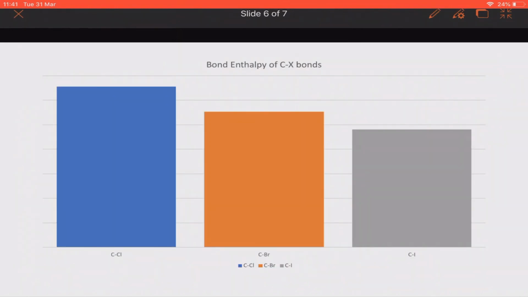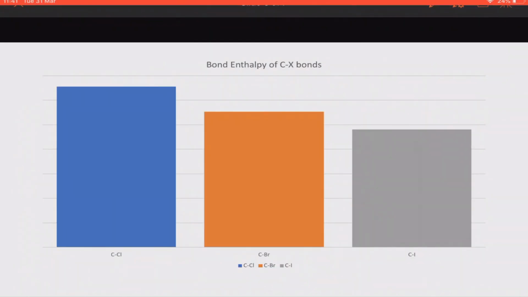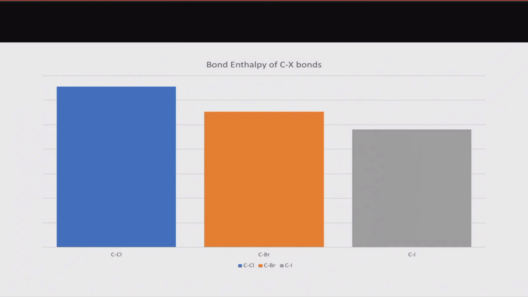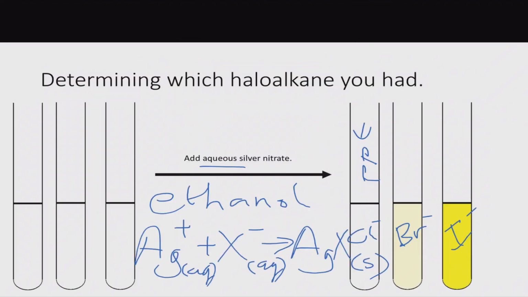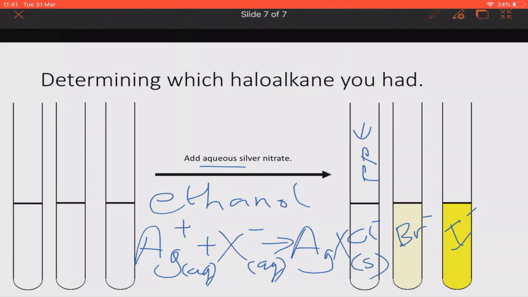Remember, we said that the carbon-chlorine bond is the strongest, then the carbon-bromine, then the carbon-iodine bond. So, that means that this one will be the fastest, and this one will be the slowest, with the bromoalkane somewhere in the middle.